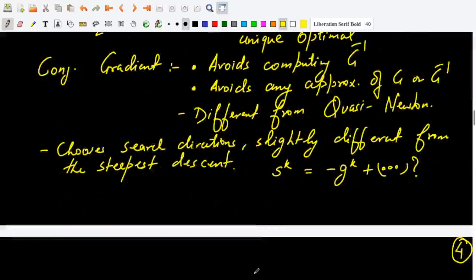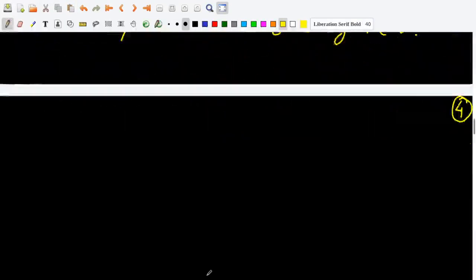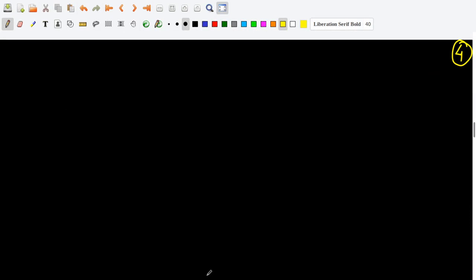So before listing the steps of the method, we should try to understand what is the meaning of conjugate gradients. So, definition. And this is section 2.4 from Fletcher's book.